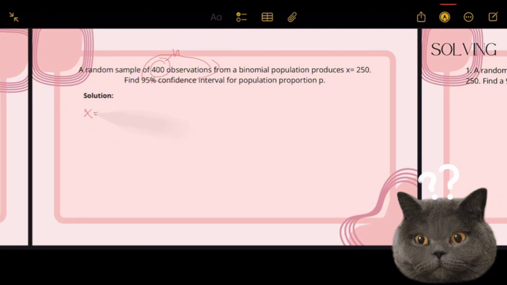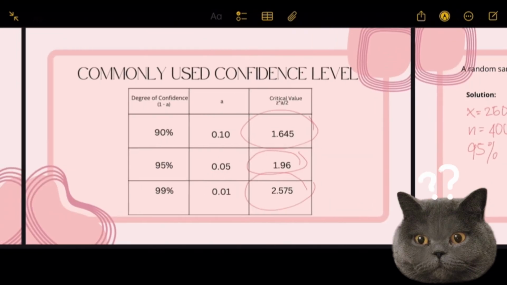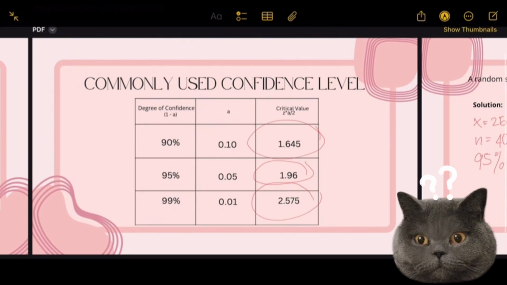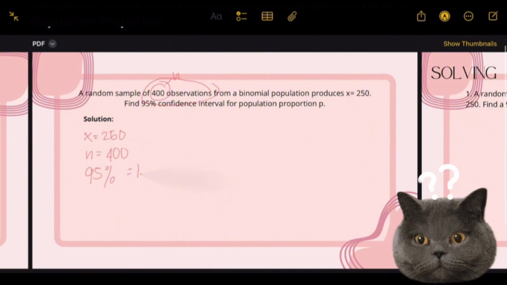For x is 250, our n, 400. Yung sa 95%, ang critical value niya is 1.96.